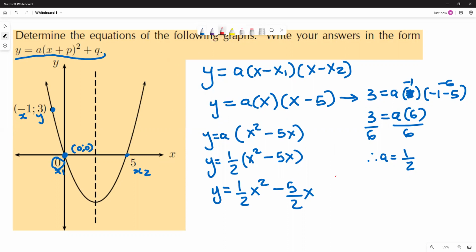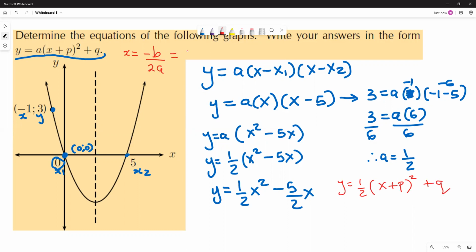Okay. So I know that so far I have y equals, my a is half. Then I have (x plus p) squared, then plus q. So I need to find p and q. Remember, the x value of the turning point is negative b over 2a, right?